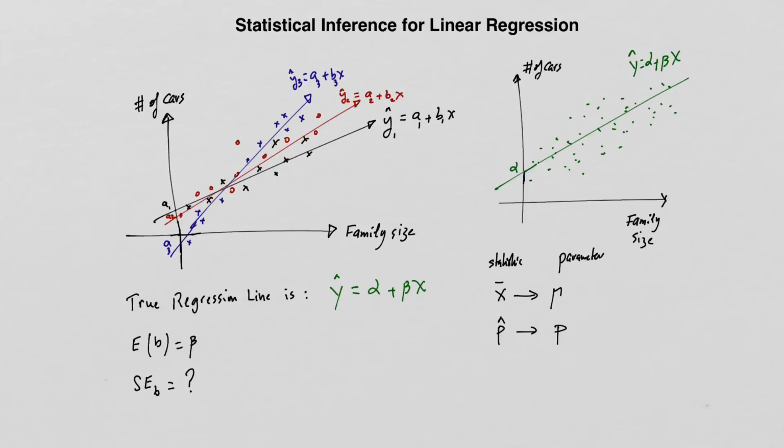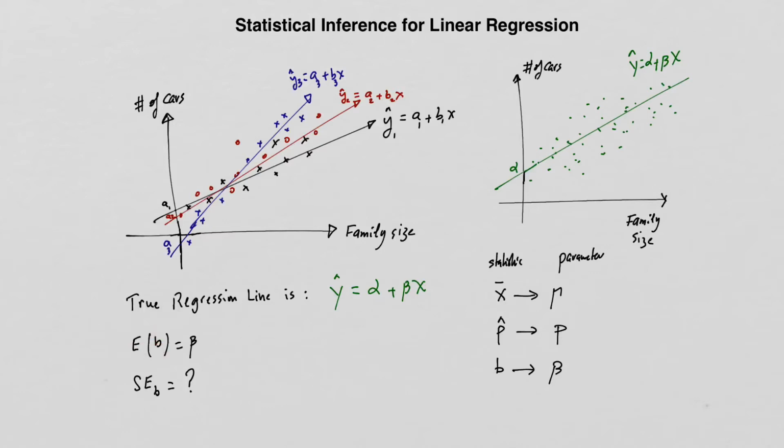Well, it turns out that we can also use a little a, like these A1, A2, A3. Actually, I'm going to focus on the slope. So we're going to focus on little b to predict beta, the slope of the population, okay? It turns out that the expected value of b is beta.